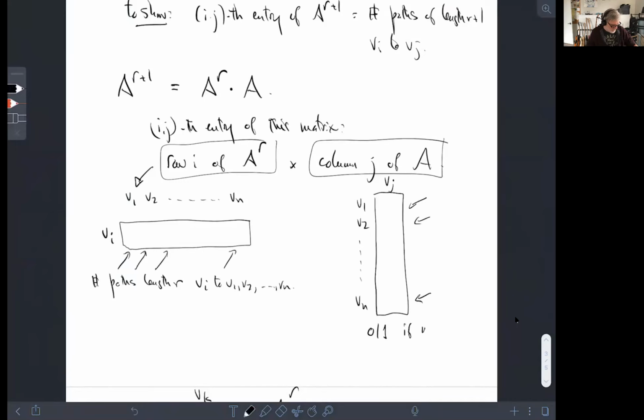If no edge, VK, V1, Vn to Vj, right? So depending on whether there is an edge, V1, Vj will be 1 if there's an edge and 0 if not, right? All of these.